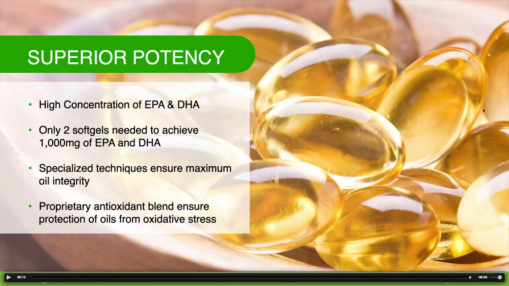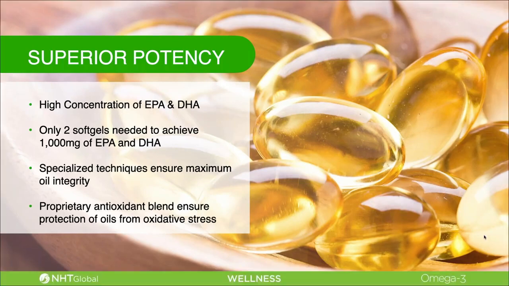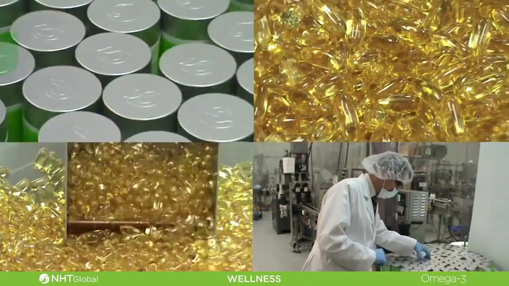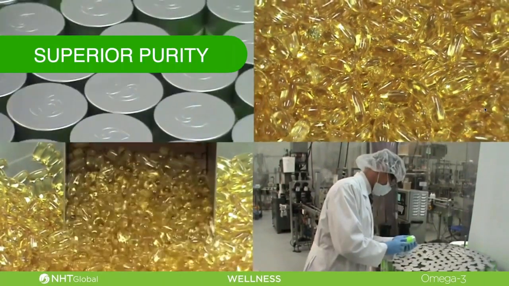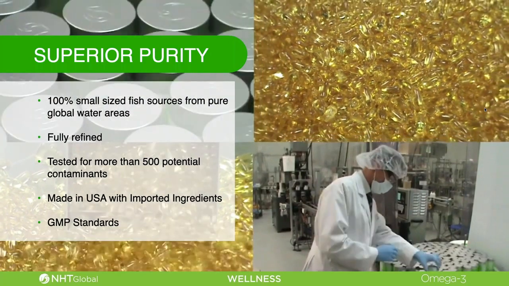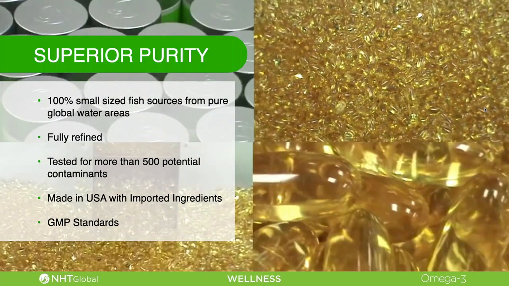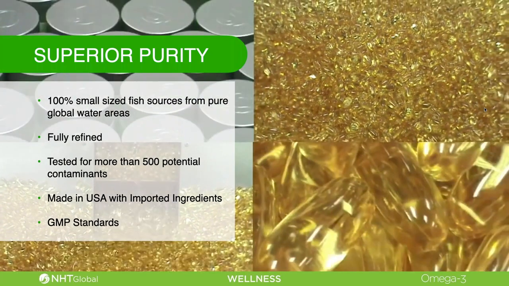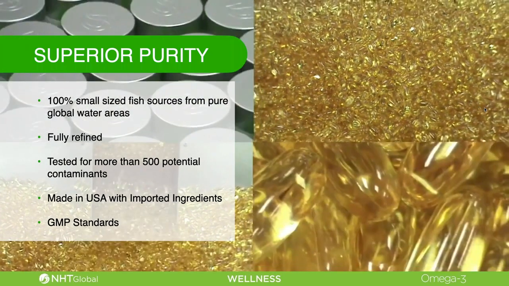Next slide. The next slide talks about another point that I touched on, and that was the purity. Here's a picture of me inspecting the product off of our line in our facility in Minnesota, here in the USA. Our facility is US FDA inspected. We have multiple inspections. We have multiple certifications and trainings we go through. But the purity is tied to the process and the type of fish.